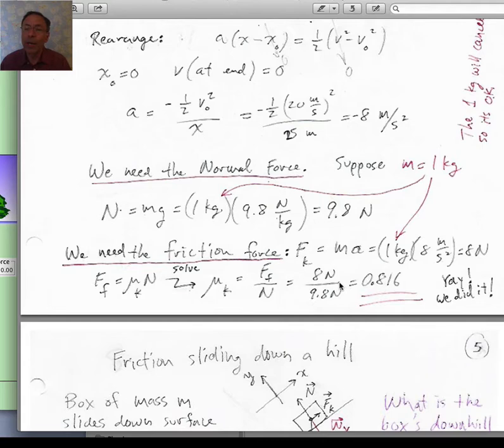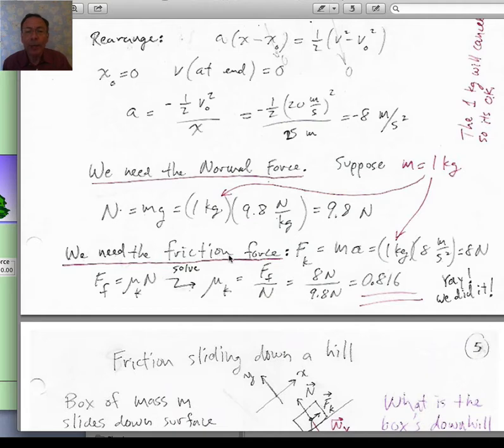But what I decided to do here is show you a little trick. In these situations, you could just make up a mass. And a nice mass to just make up is 1, because 1 is an easy number to deal with. So let's just suppose the mass is 1 kilogram. Then the normal force is mg, 1 kilogram, times 9.8 newtons per kilogram equals 9.8 newtons. Okay, we now know the normal force.